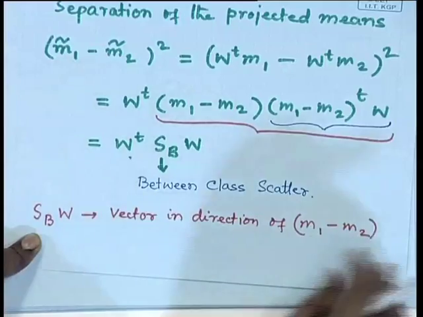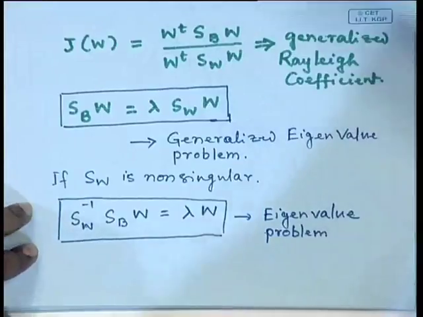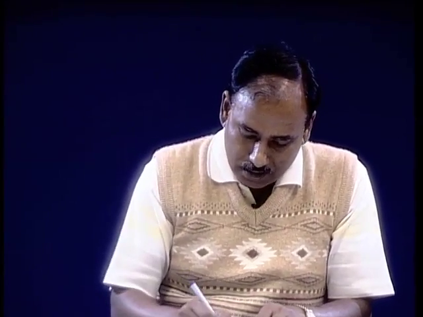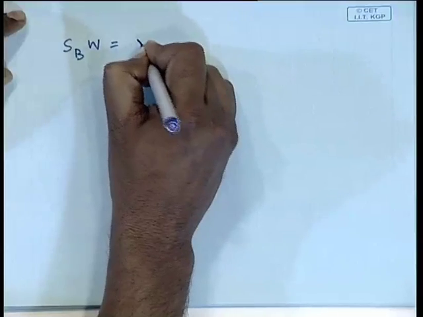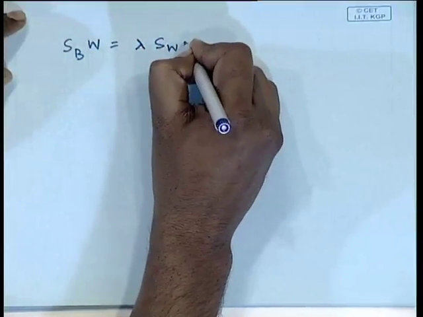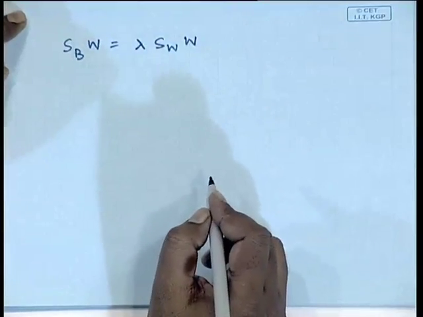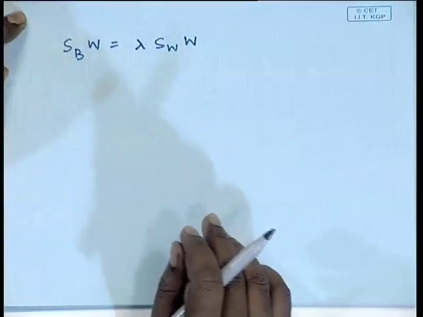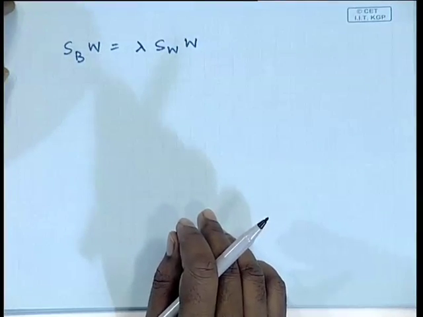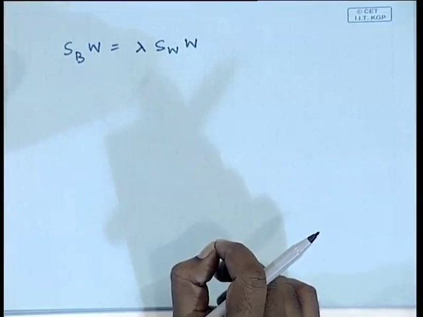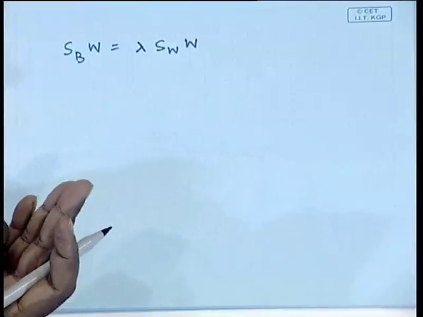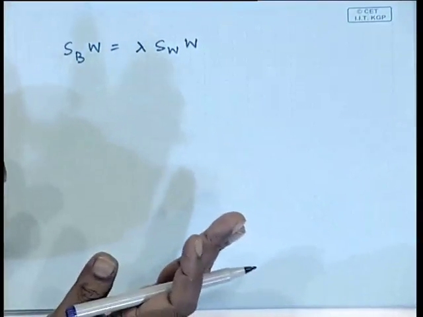So, by using this and from the relation that S_B W is equal to lambda S_W W, I can find out what should be the direction W, because as I said, the scale factor of W is not very important. What I want to see is what is the direction of W, that is my projection direction.